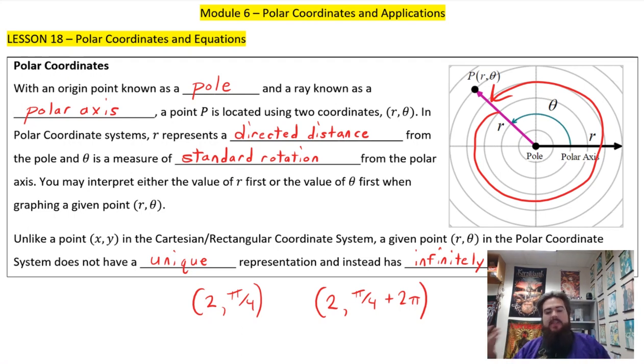So I can represent that point using already 2 different ways. And I could add maybe more instances of 2 pi. So add maybe 4 pi to this. This would still end up at the same place because it has the same terminal edge. Or instead, maybe I wanted to subtract 2 pi. That would also work.